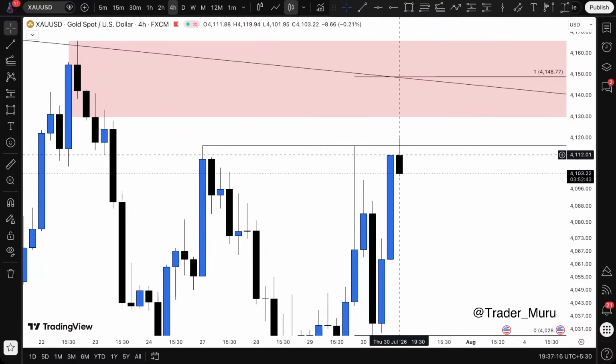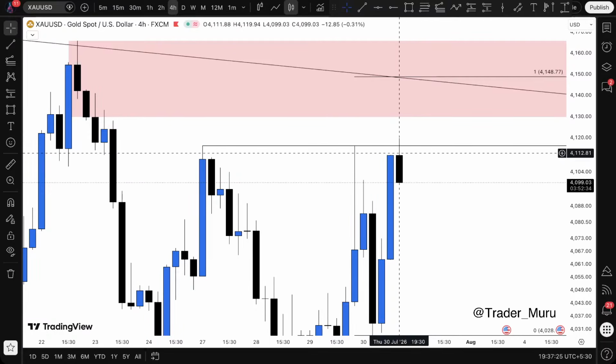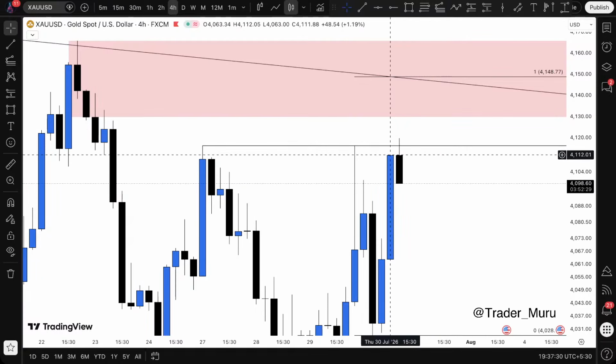This candle should close in bullish doji. Here somewhere like a small bullish body with a big upper wick and closing above this high.